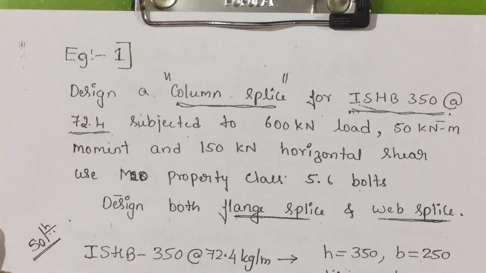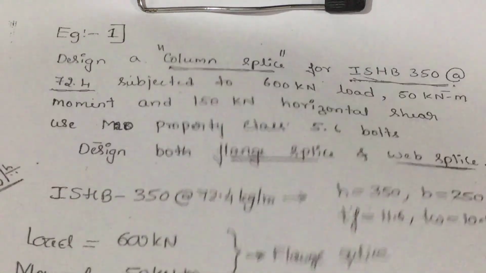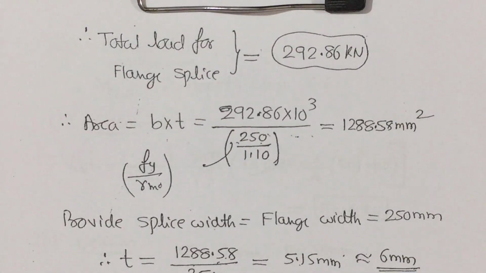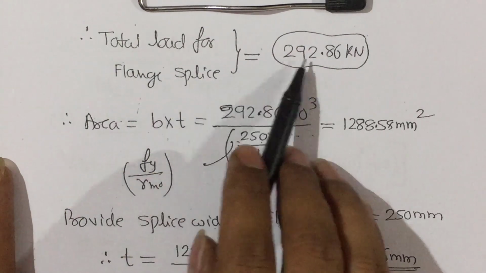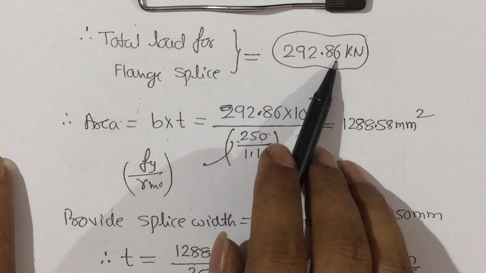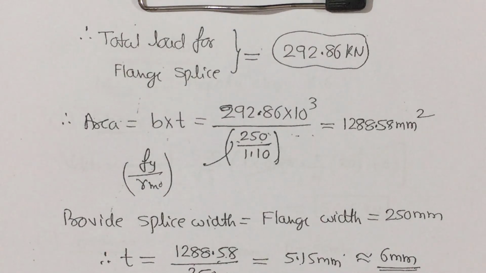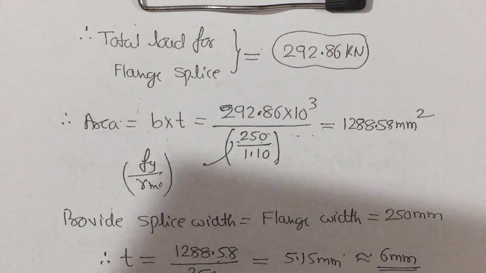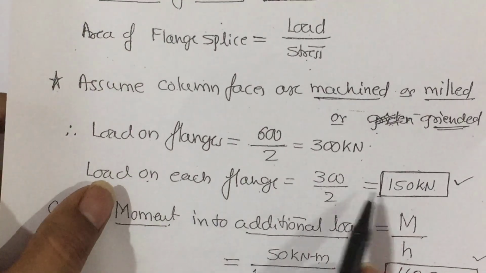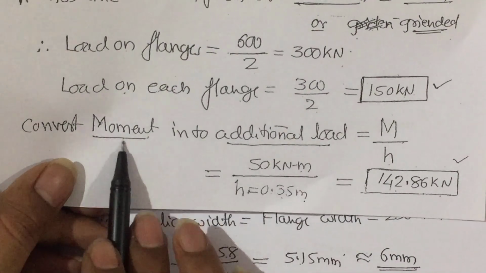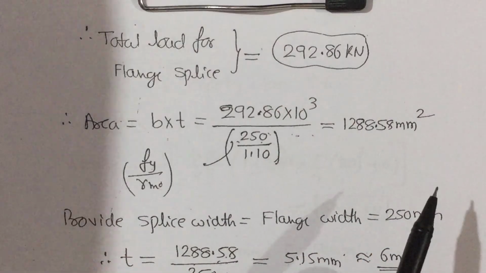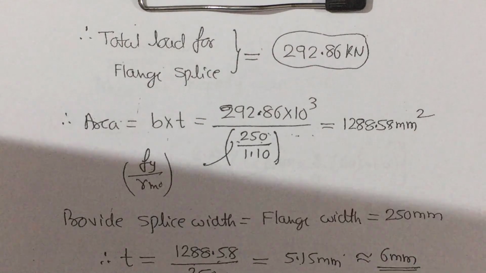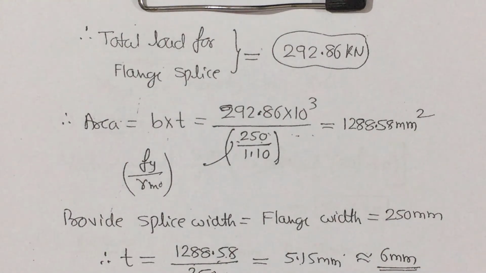Then the total load for flange splice: we have got two loads here. One is load on each flange, we got it as 150 kilonewton, and additional load due to moment we got it as 142.86. Totally it will become 292.86 kilonewton.